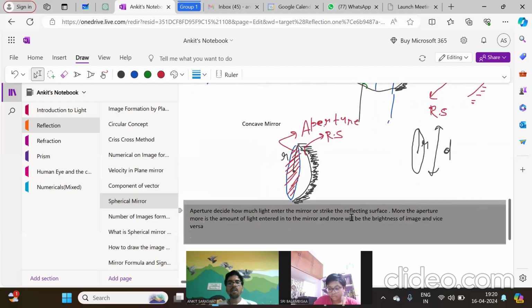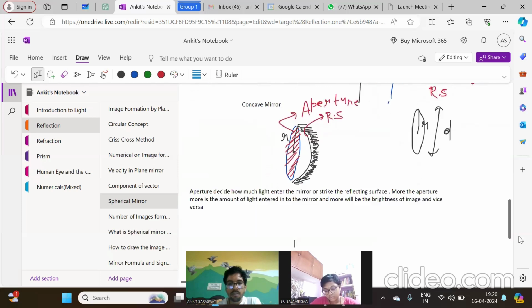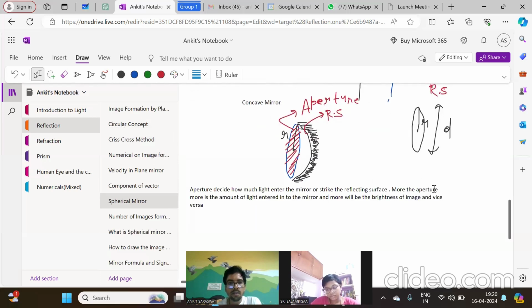For example, this is the aperture. If the aperture is less, it will allow less light. If the aperture is more, it will allow more light to enter. So if the aperture is very high, more light will come and strike the reflecting surface.